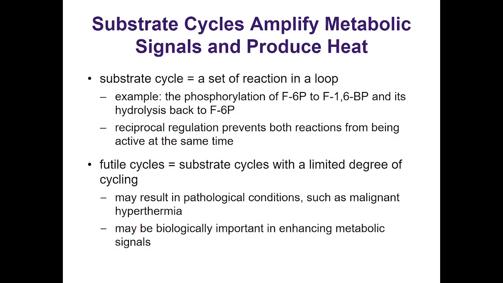The substrate cycle is going to be a set of reactions that will be in a loop. So the example of that is the phosphorylation of the F6P to the F16BP, and its hydrolysis back to the F6P.